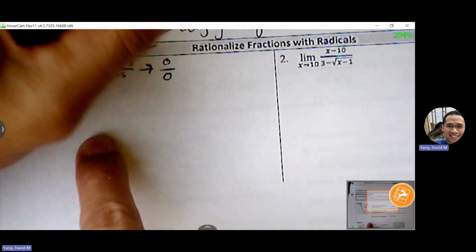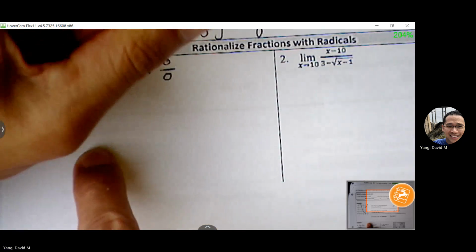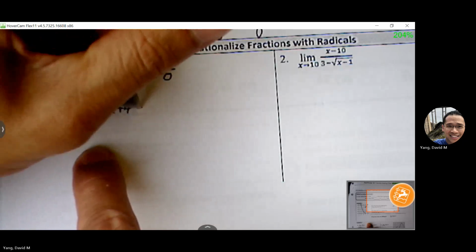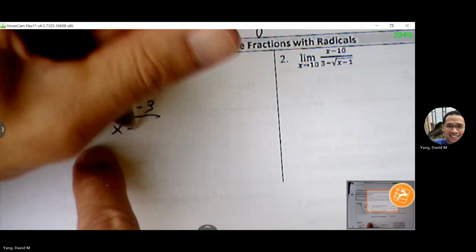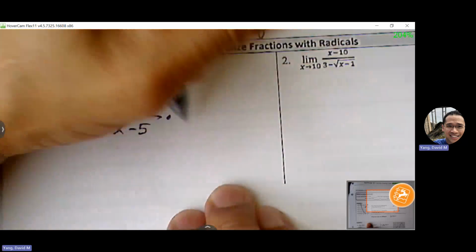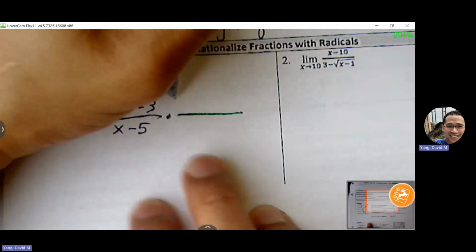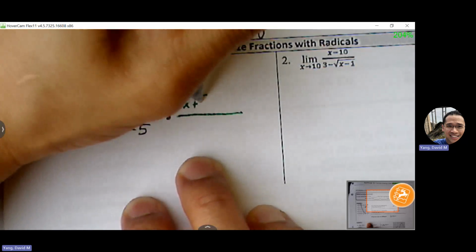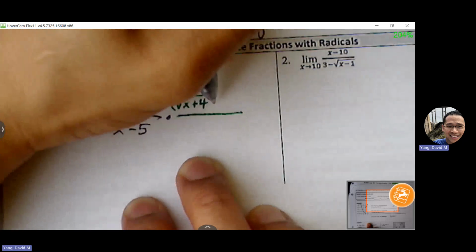So this is what we're going to do. I'm going to multiply by the conjugate of the numerator, and anything I multiply with the numerator, I need to multiply by that same expression in the denominator, because I ultimately want to multiply by 1.